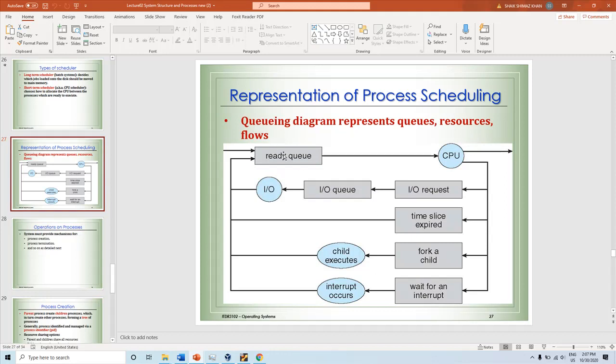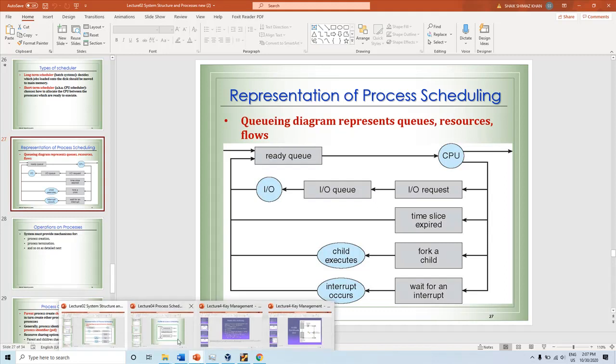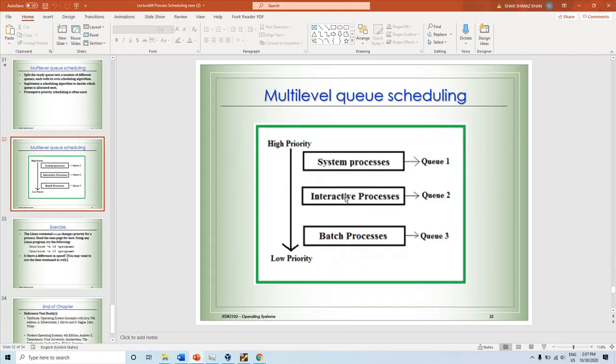Here you can see a single ready queue. But practically, in any system there would be many ready queues, like ready queue 1, ready queue 2, ready queue 3. They will have different sets of processes, because processes in the system are not of the same type.